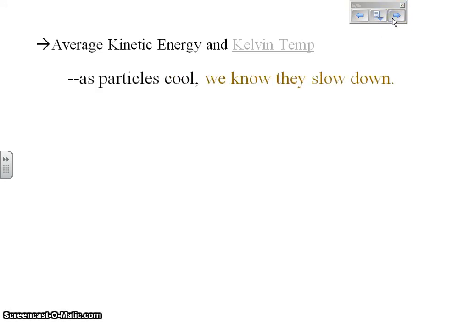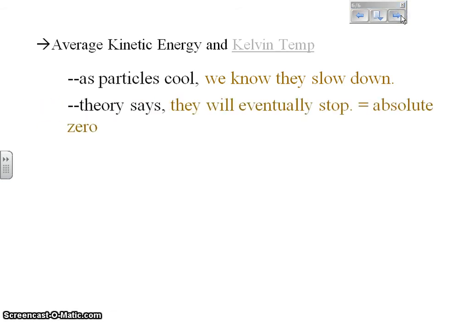All right, and as we look at particles, we know that as they cool, they will slow down. And as they slow down, the theory says they will eventually stop, and when they stop, that's called absolute zero. So far it is a fictitious place here on Earth.